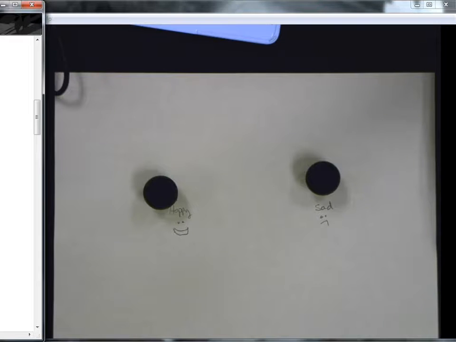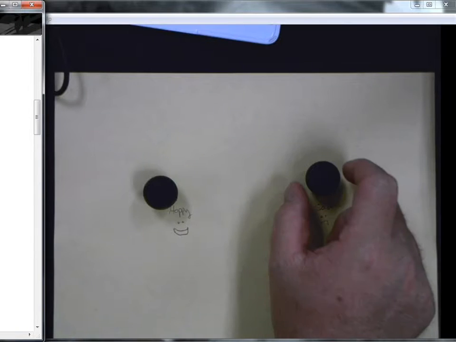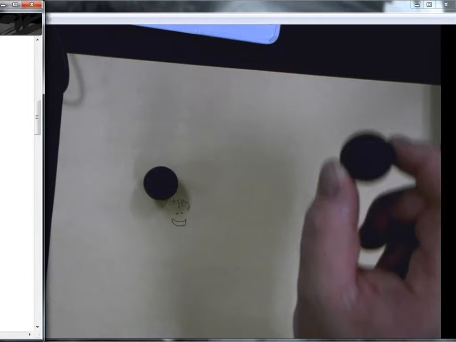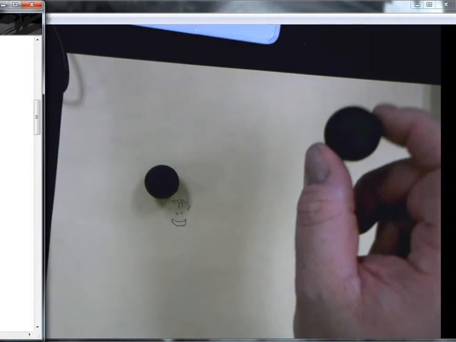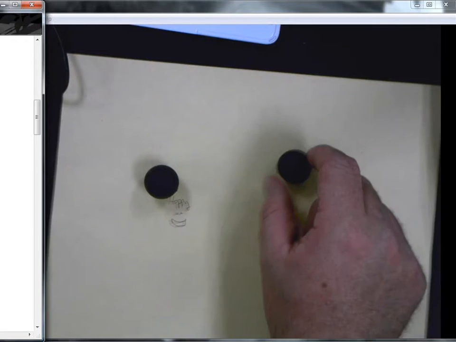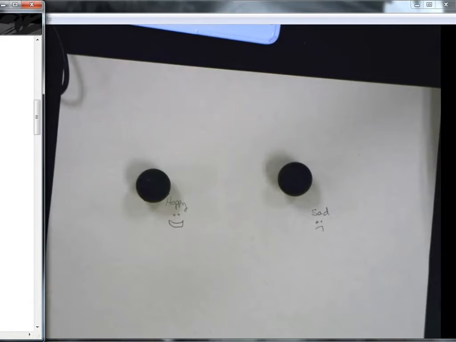It's really displeased us since it can't do anything right, and so it doesn't play very well with others, and it exhibits that in its behavior. So when it makes collisions, you can see it. And that's sad ball.